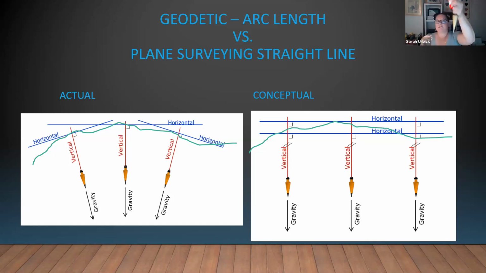But what this does is this weight pulls straight down towards the center of the earth. Depending on where I'm standing, that might be a different angle relative to somebody else. In plane survey, what we assume is that it will always be vertical, perpendicular to whatever surface we are working with. That's the assumption of a plumb bob. That's the assumption of plane surveying. Okay.